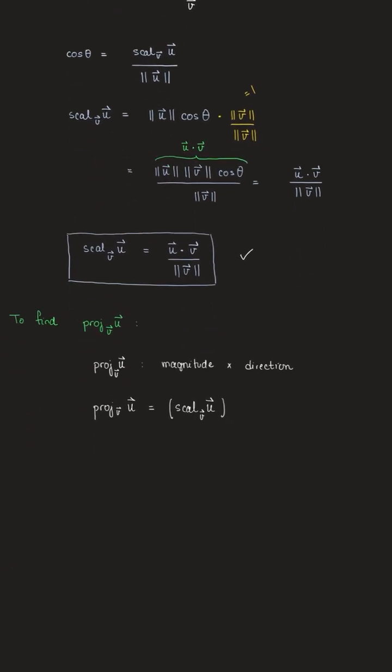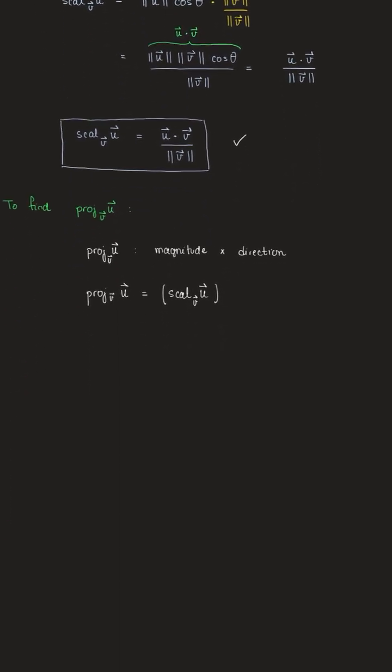So the direction of this projection will be the direction of v, which we can write as v divided by its magnitude. This is the direction of v, right? A unit vector that points in the direction of v, which is also the direction of our projection.